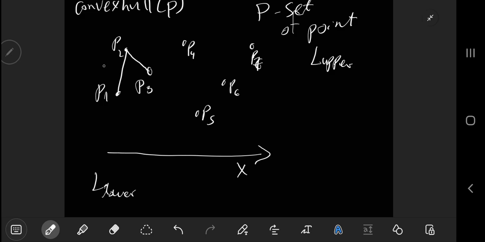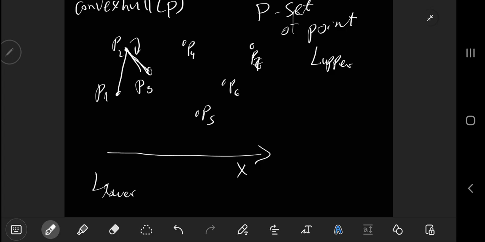Now, when I get to 3 points, what I check is whether a left turn happened. If you look at those 3 points, there is no left turn. This was a right turn, so I can continue. I'm going in the clockwise direction.